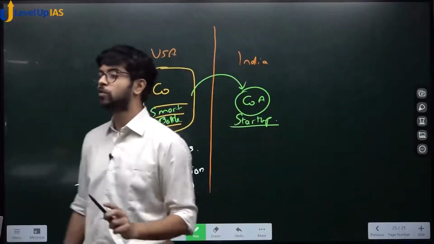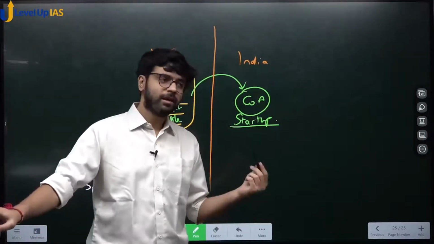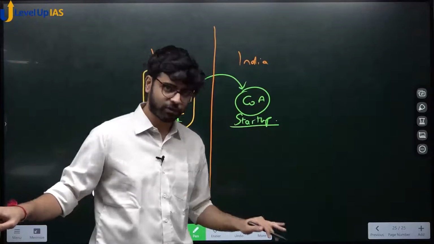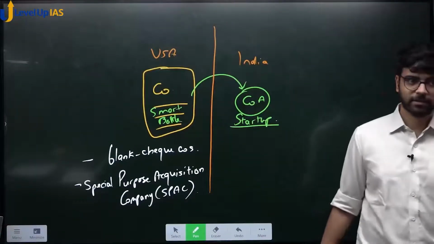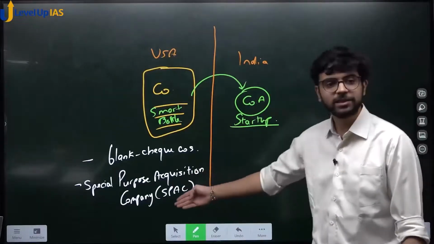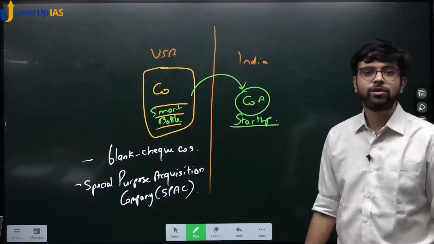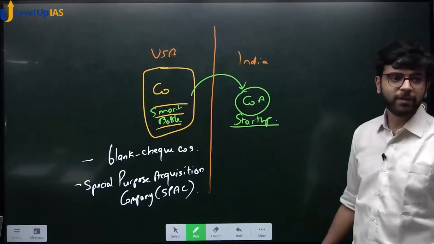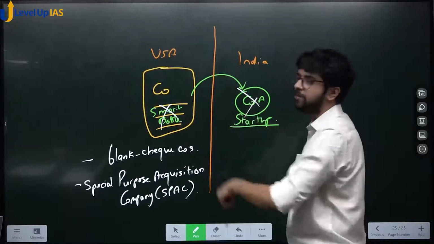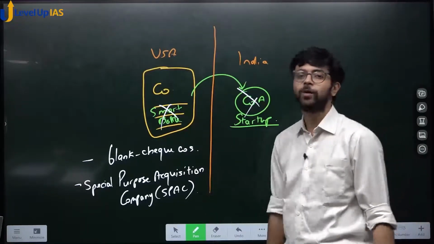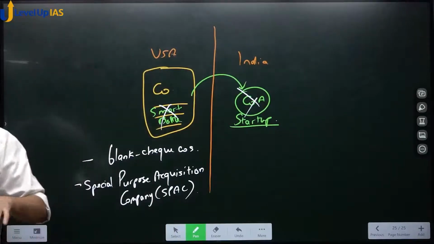Very few people know about it in general studies. Obviously in finance and CA and commerce field, everyone knows about it. But in India, it's a new concept. Special purpose acquisition company. Its special purpose is only to acquire. I'll tell you what. Tomorrow if this is not profitable, वो ये business बंद कर देगा. It will acquire someone new. उसका business ही है to acquire. Special purpose acquisition company. समझा क्या?